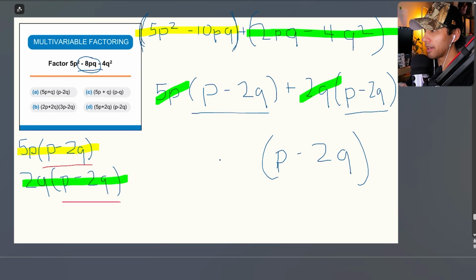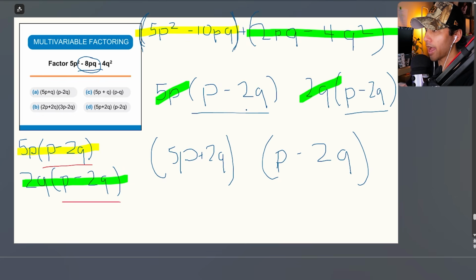So then now we have 5p plus 2q. I believe I should not put a plus there. It should just be like this after I factor.